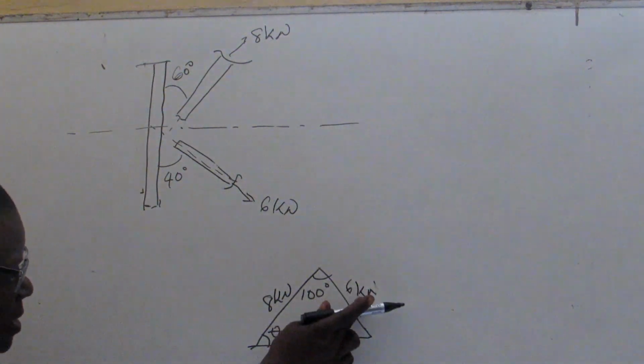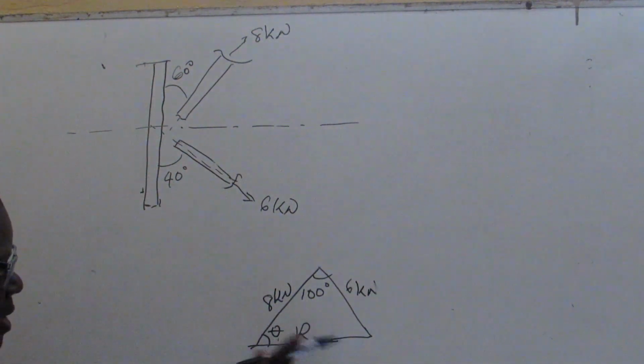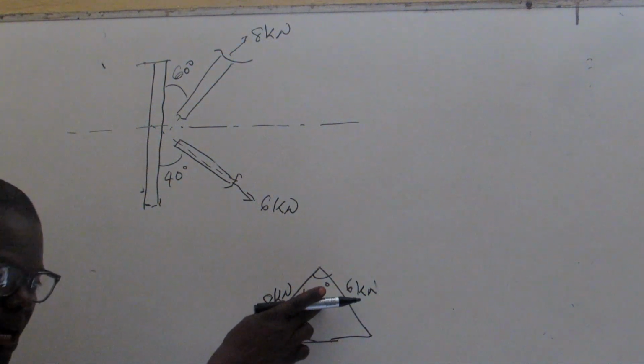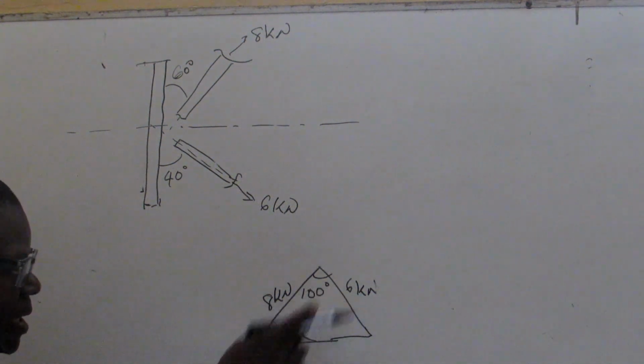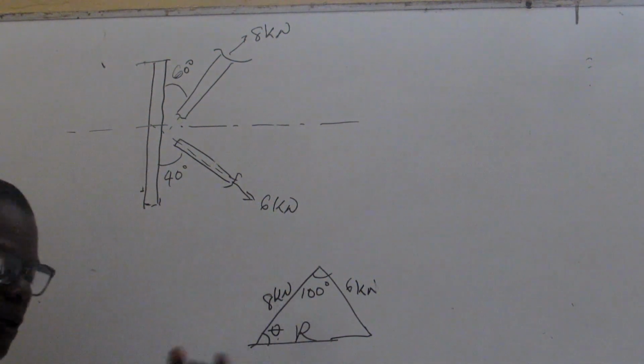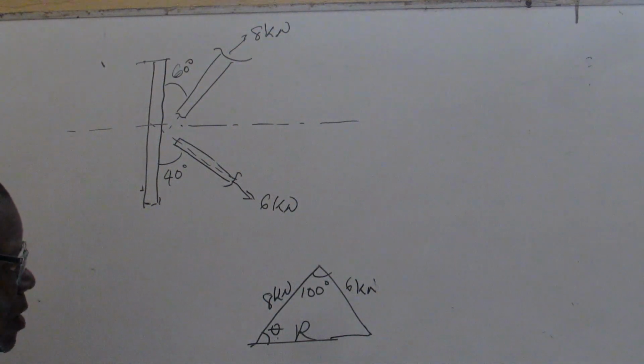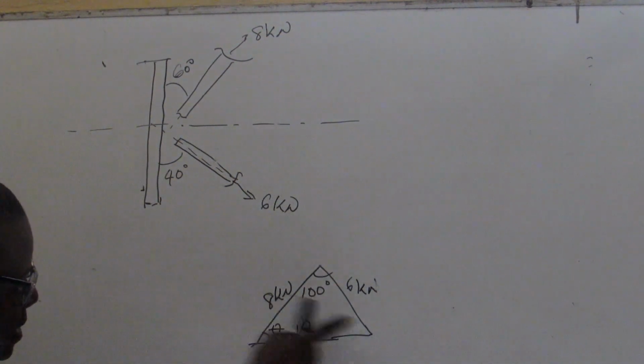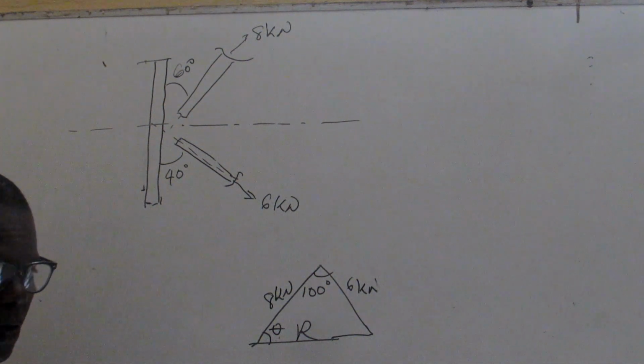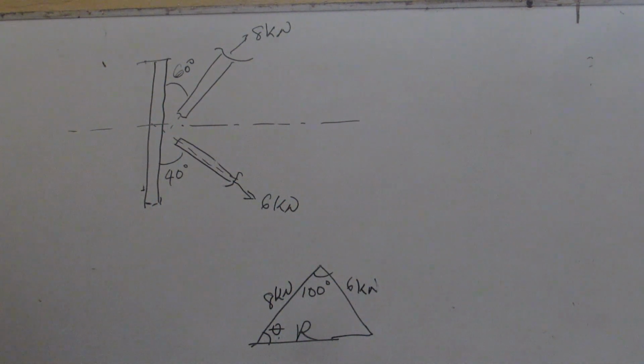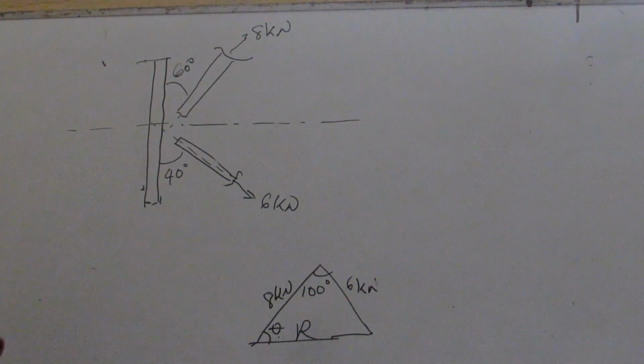This over sine this equals this over sine this, we don't know r, so we can't apply the sine rule. If we use this and this, we don't know this angle, so the sine rule is taken out. So the only rule we are going to use here is the cosine rule.